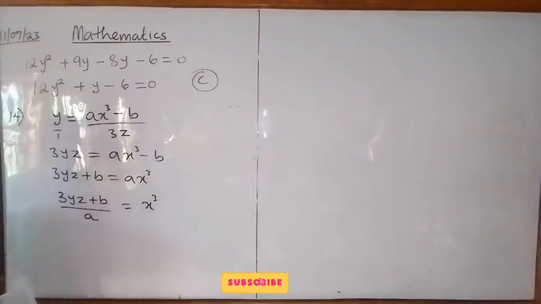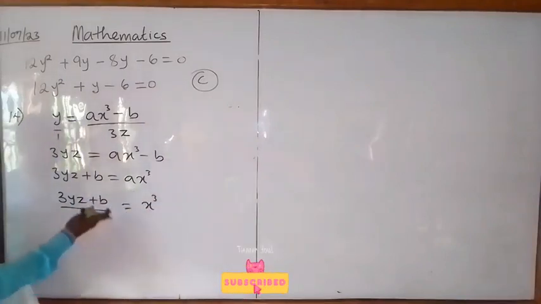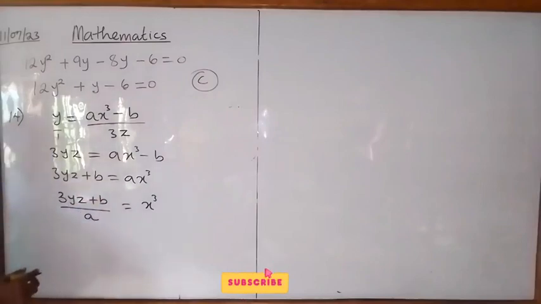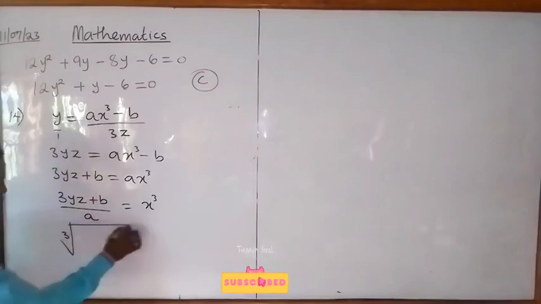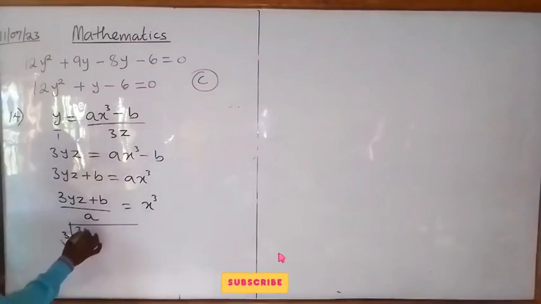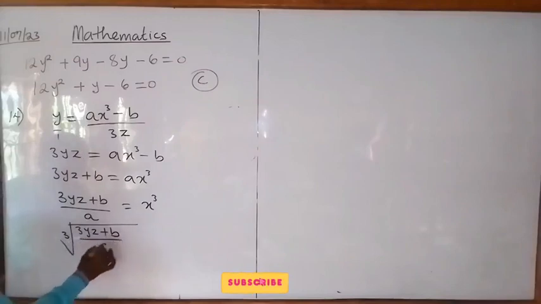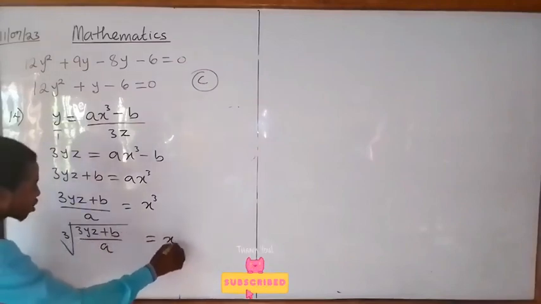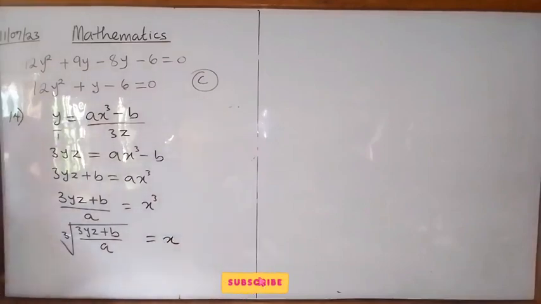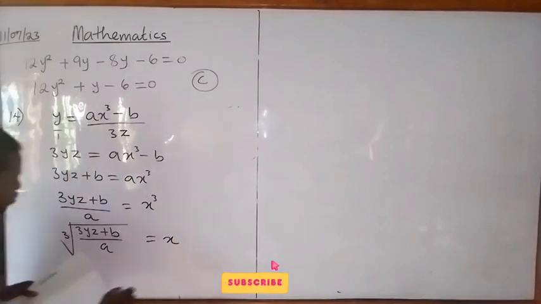We can take the cube root of both sides because cube root and cube cancel each other. So the cube root of (3yz plus b) over a equals x. So we have successfully made x the subject of the formula, and the correct option there is option B.